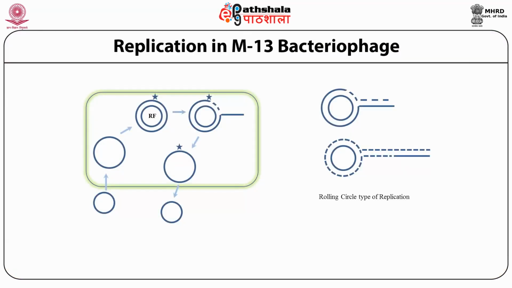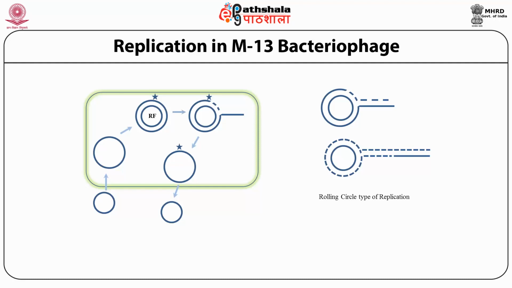M13 based bacteriophages replicate by a rolling circle DNA replication mechanism. The rolling circle DNA replication is initiated by an initiator protein encoded by the bacteriophage DNA.